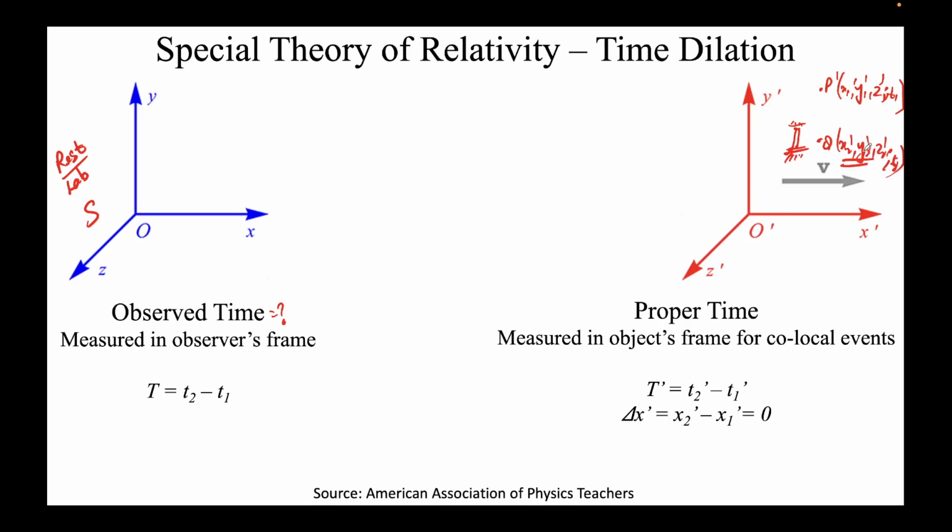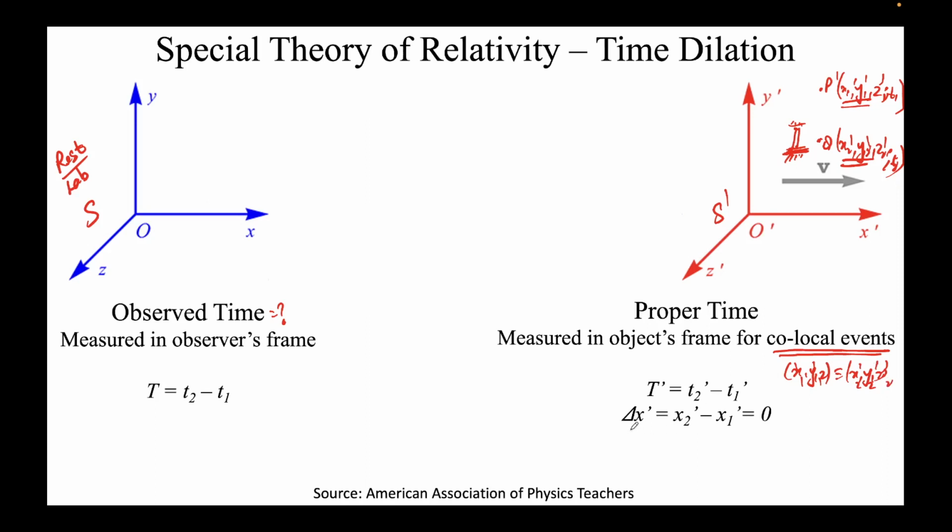Note that x1, y1 and z1 will be the same. Why? Because this mirror is not moving. This mirror is stationary in this S prime frame. Hence these are called co-local events. What do you mean by co-local events? When their x, y, z coordinates are the same. So x1 prime, y1 prime, z1 prime is equal to x2 prime, y2 prime, z2 prime. This is the definition of co-local events.